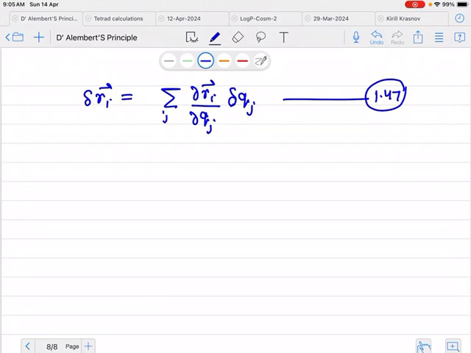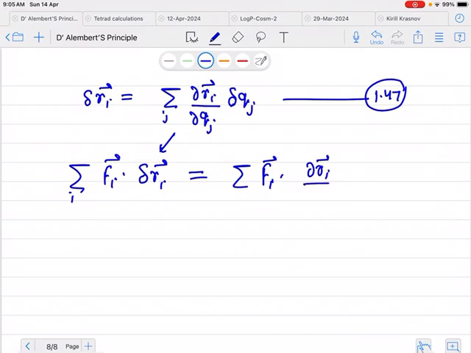Okay. So in terms of the generalized coordinates, the virtual work becomes this. This virtual work we are transforming using equation 1.47. So the value from 1.47, Fi dot del Ri over del Qj del Qj. So see this, the summation over i and j.